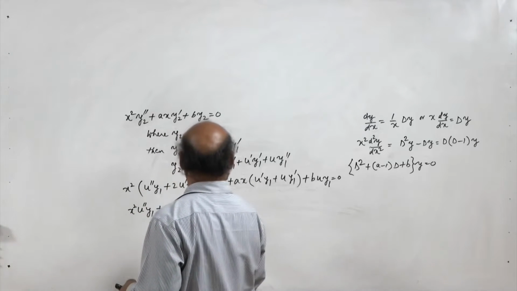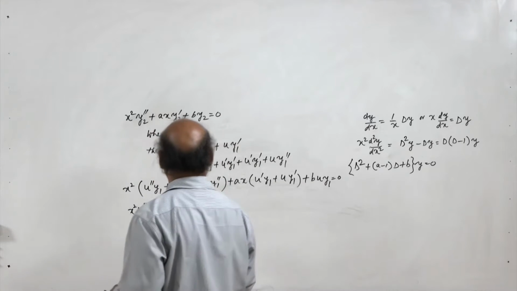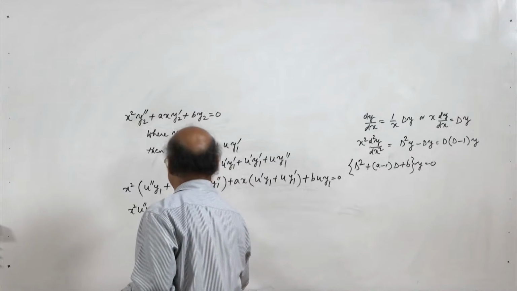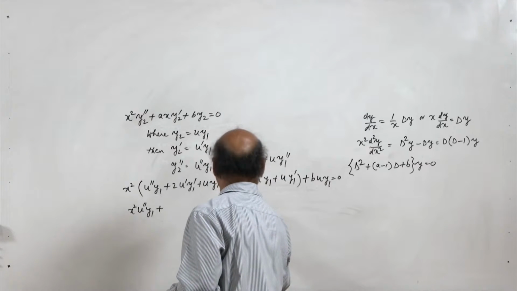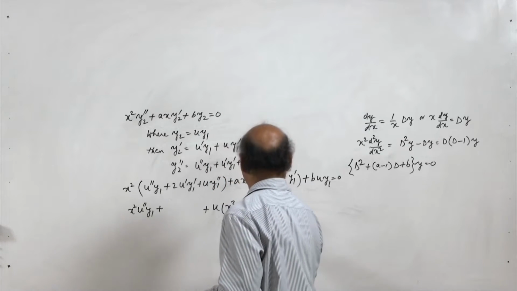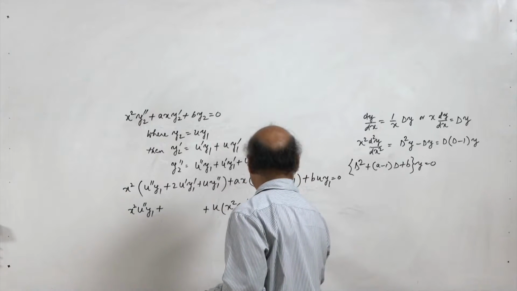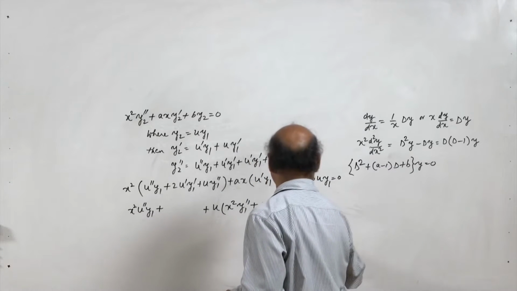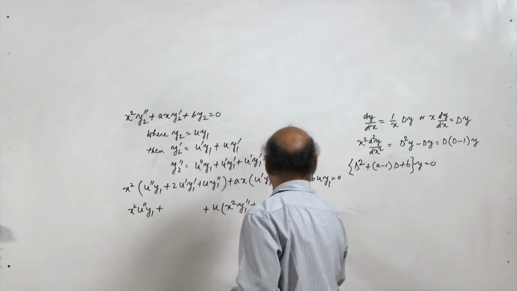So, let us first write the y1 double dash terms. So, u times x squared y1 double dash plus u times a x y1 dash plus b y1.